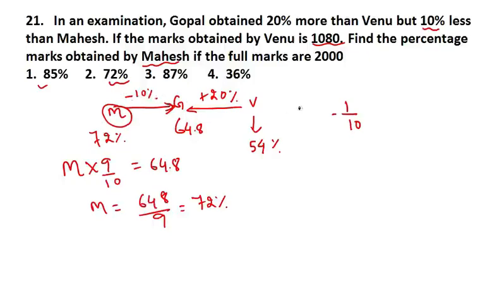Okay, now if you do this same approach with the ratio method, how? Tell me. This is Mahesh, this is Gopal, and this is Venu.